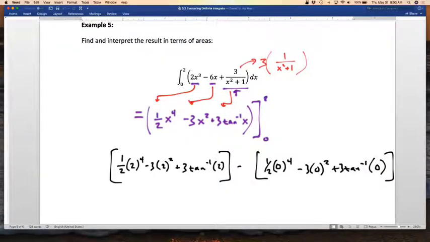So we're going to simplify this a little bit. Each of these pieces over here, that's 0, and tan inverse of 0 is 0. So that second part is just 0. So what we end up with is negative 4 plus 3 tan inverse of 2, just simplifying the left-hand side. And if we plug that into our calculator, we get approximately negative 0.67855.